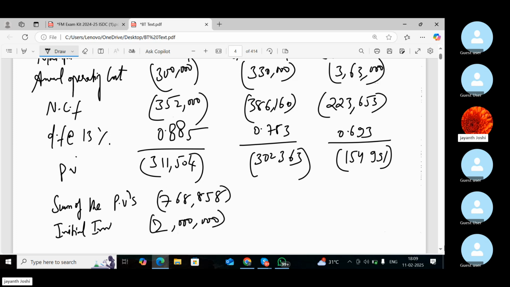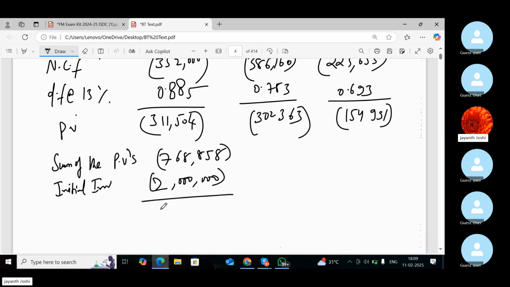So the entire cost we have borne is approximately 2.7 million, and this is your net present value.